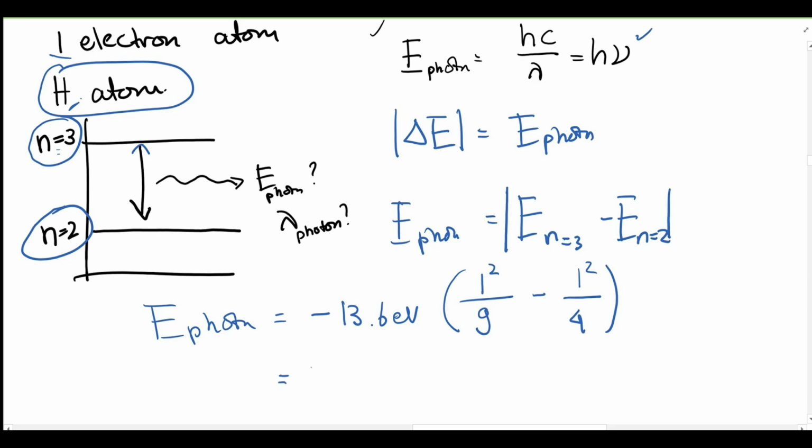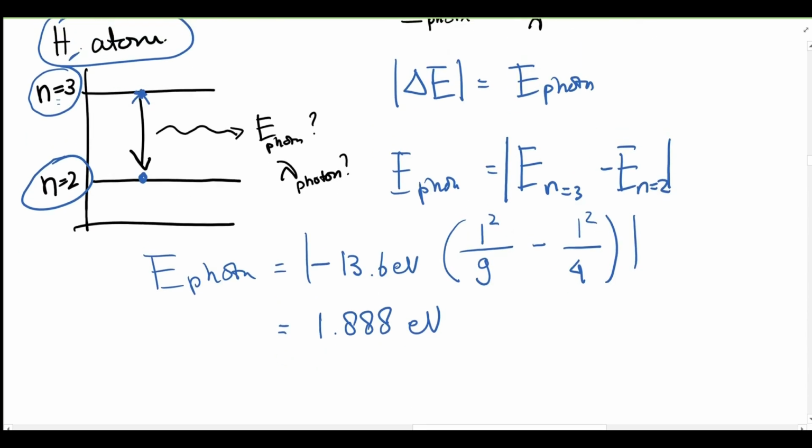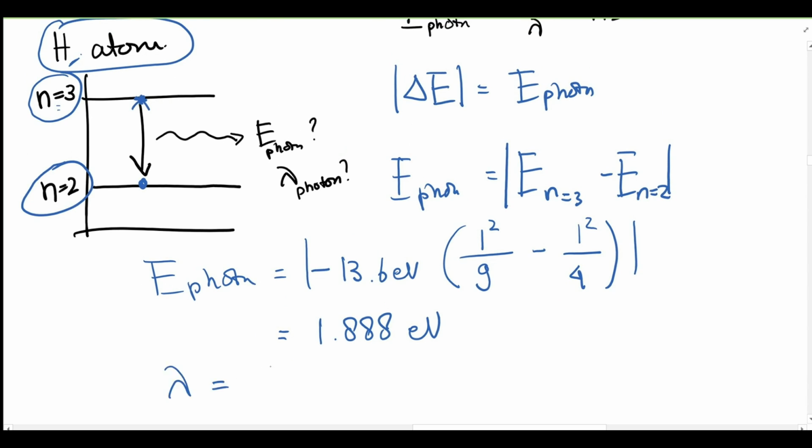So this should come out to 1.888 electron volts, if we put an absolute value in front of it. So this is the energy of the photon, which is simply equal to the difference between the energy states of the two that we're talking about here. And if we want to know the wavelength, it's useful to just do 1240 divided by 1.8888. And in the end, we should get 656 nanometers in this case.